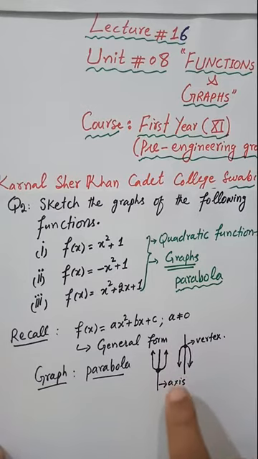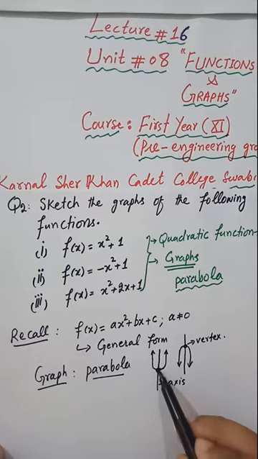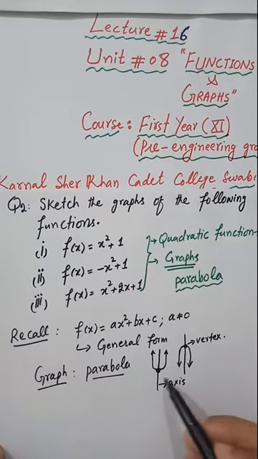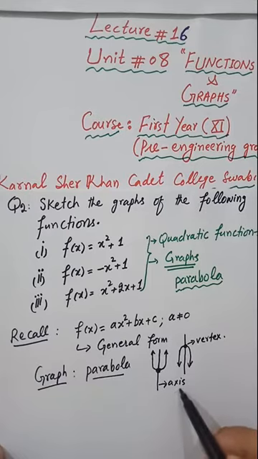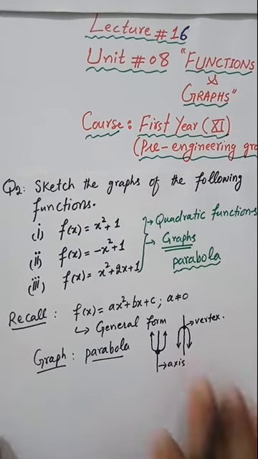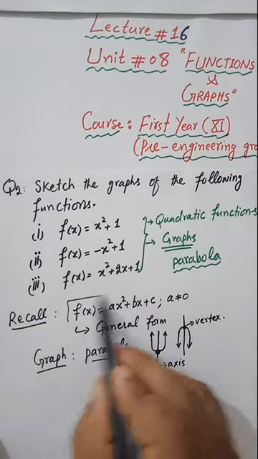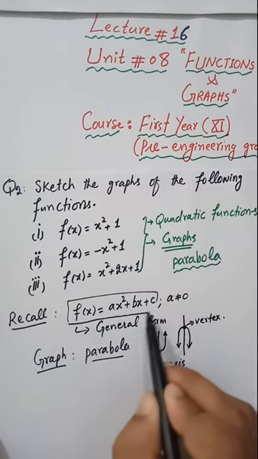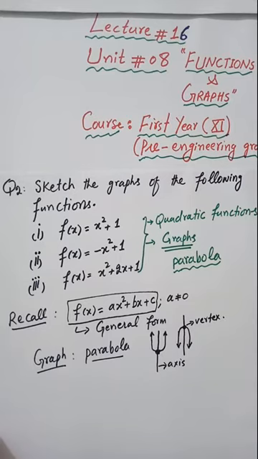So for sketching you must know about the direction of the branches, that may be upward or downward, then about the vertex, which is a point of the plane, so it must have an ordered pair for its representation, and the axis, which is a vertical line, so it must be an equation of the form x is equal to some number. Okay, so for that we convert this general form into the standard form of parabola.